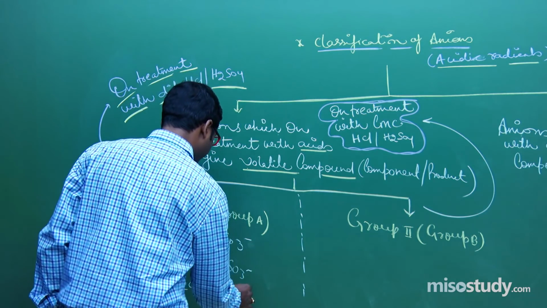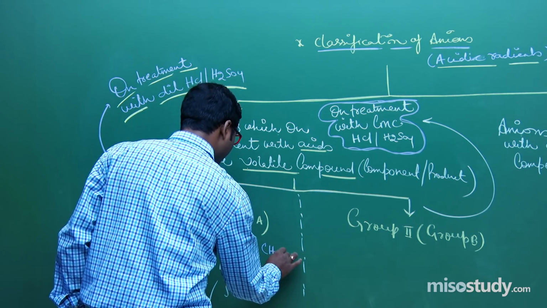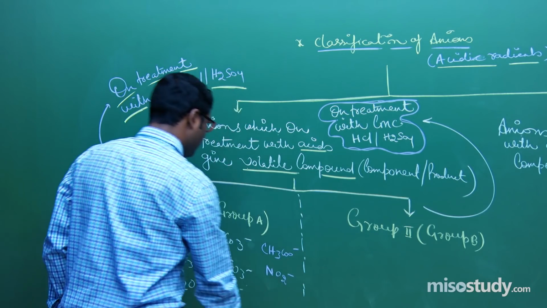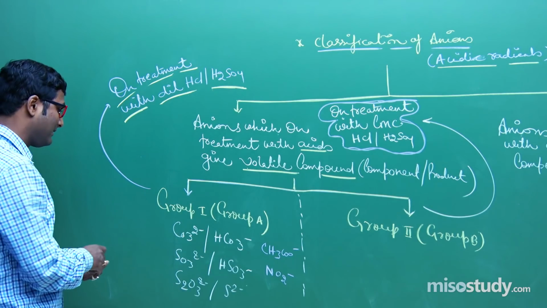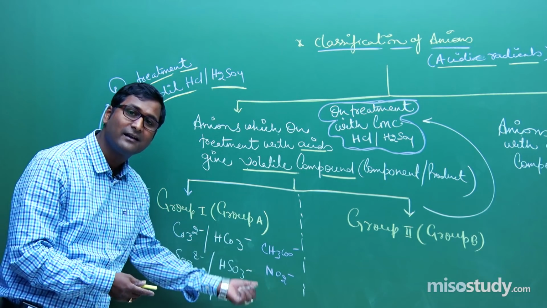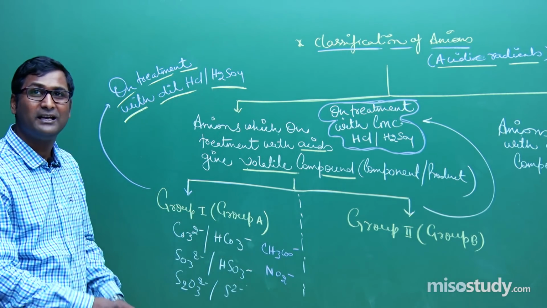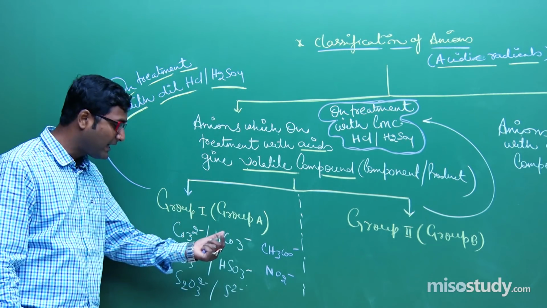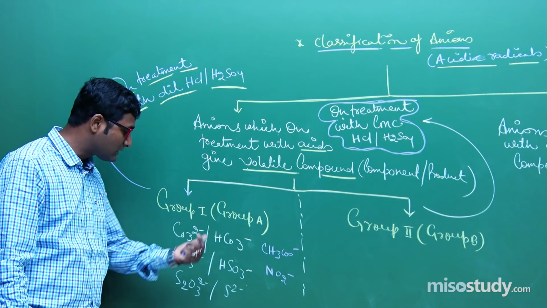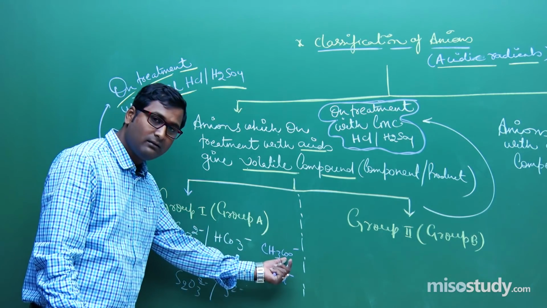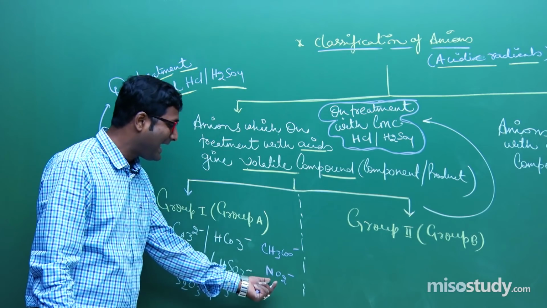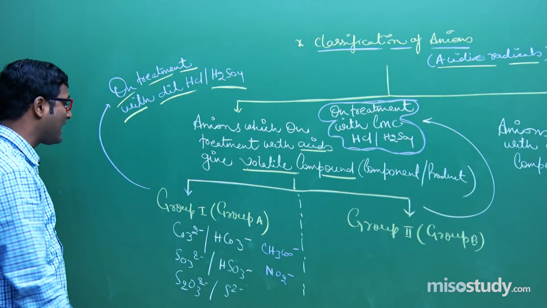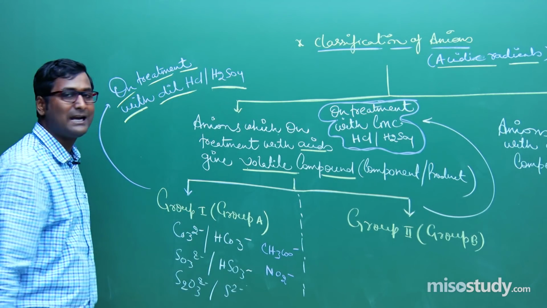Then there come acetate and nitrite. Eight radicals are there. Listen carefully, friend: carbonate, bicarbonate, sulfite, bisulfite, thiosulfate, sulfide, acetate and nitrite, not nitrate, nitrite. This is the group 1, group A class.